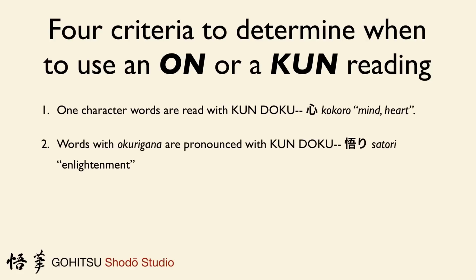Number 2, words with okurigana are pronounced with kundoku. Now let me explain to you what okurigana is. Okurigana is when kana, mostly hiragana, which is the other alphabet, is used in combination with kanji to make a word. So for example, right here I gave you a word with 2 characters.